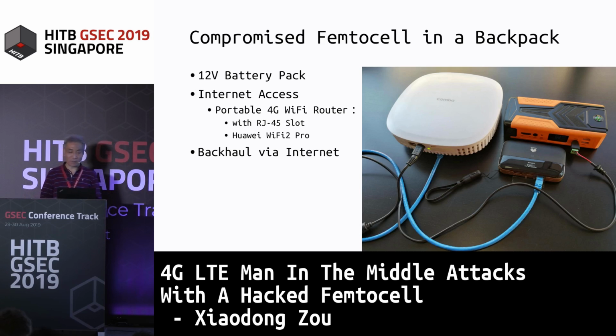We go to somewhere, for example, Starbucks, and turn on the femtocell and see the phones nearby register to it. Especially if they have VoLTE enabled, you get the phone number of everyone nearby. It's about 4 to maybe 50 meters nearby.